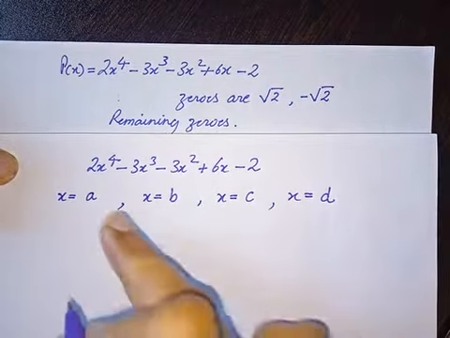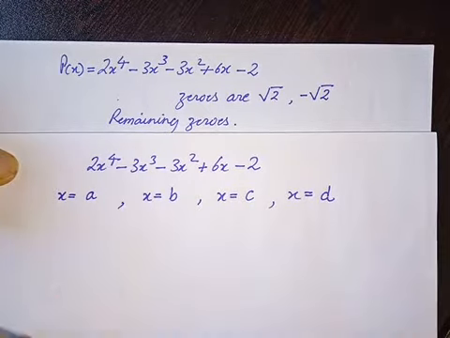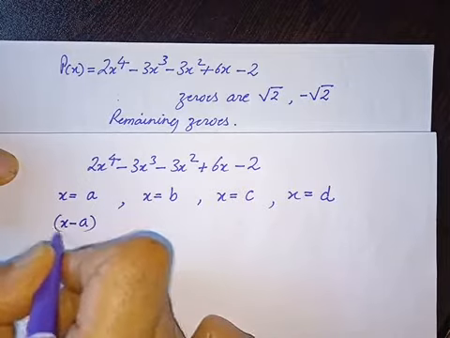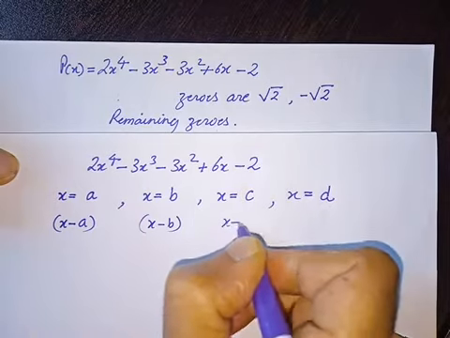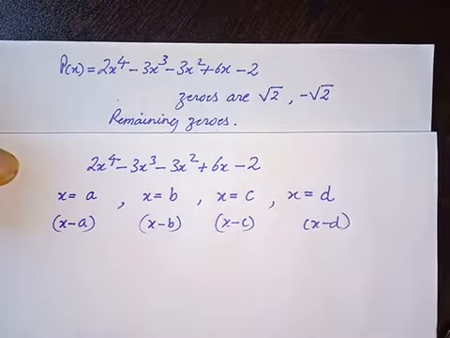Now from these four zeros we get four factors of this polynomial, and the four factors are x minus a, x minus b, x minus c, and x minus d.